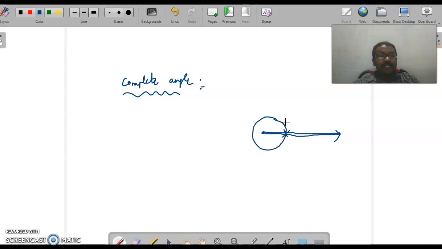It is nothing but a complete angle, and this angle must be equal to 360 degrees. It cannot be 359. It should be exactly 360 degrees. Such type of angles we can name as a complete angle. That angle measures 360 degrees, or we can say one revolution is nothing but 360 degrees.